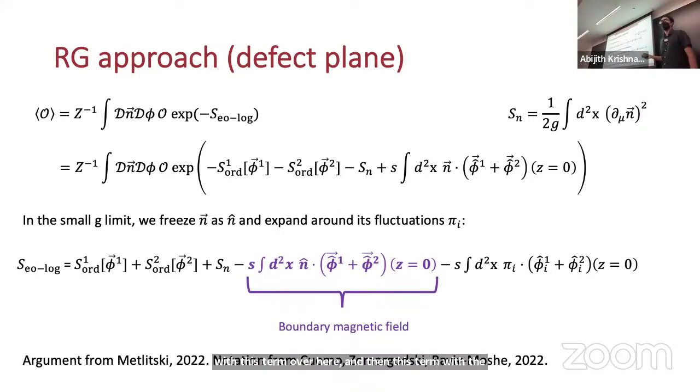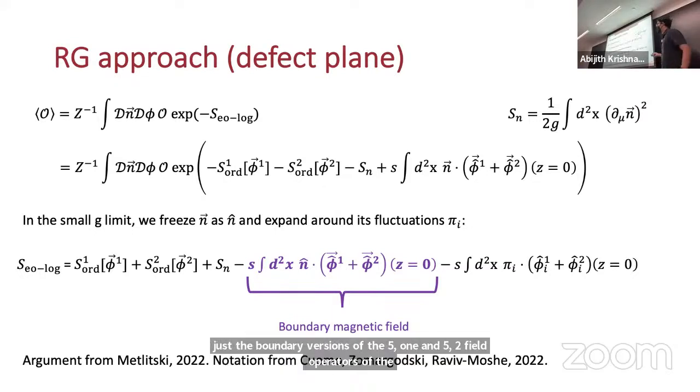Now, n hat is a fixed unit vector. So we're effectively just applying a magnetic field to each of the boundaries of the ordinary universality classes. And remember here, phi1 hat and phi2 hat are just the boundary versions of the phi1 and phi2 field operators of the ordinary universality classes.